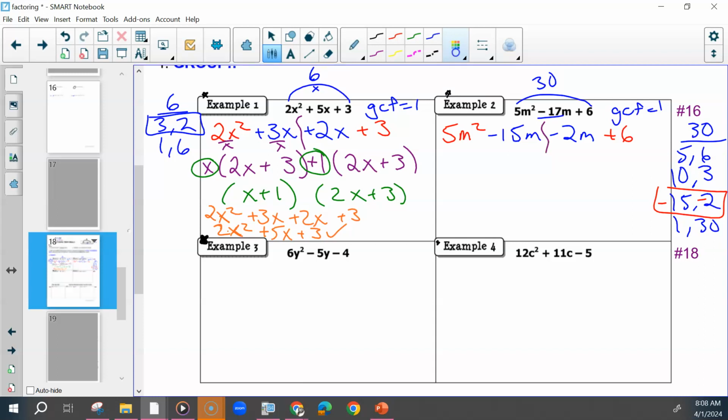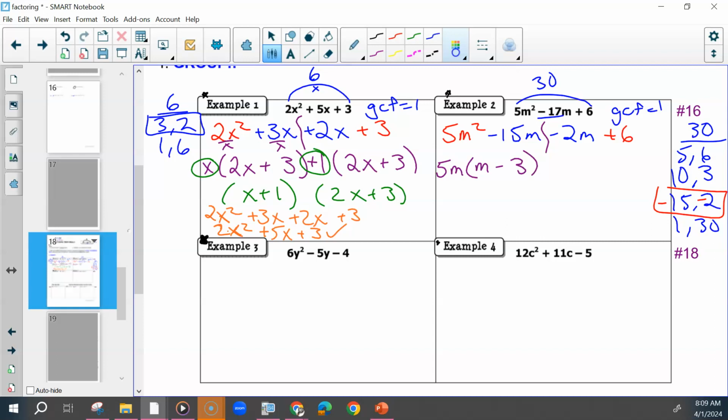What could we divide out of those first two? 5 and m. What would be left? M minus 3. What could we divide out of the last two? Negative 2.